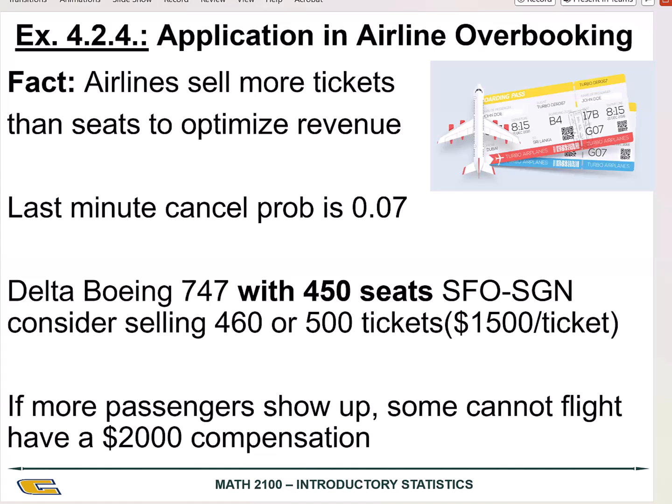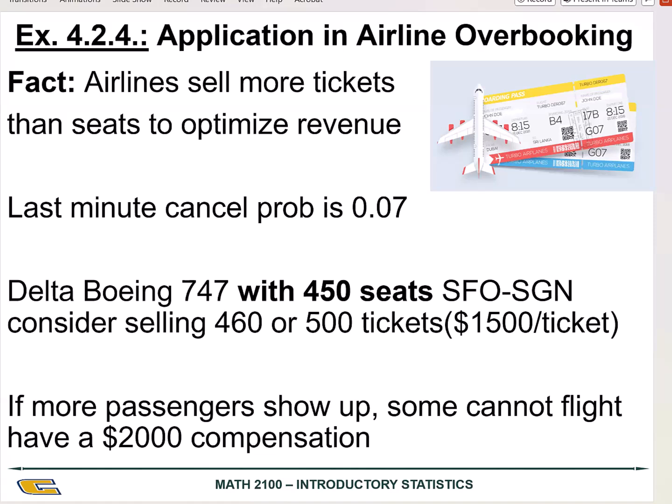And if they don't give a refund, the airline basically wastes the seat, and they cannot optimize their revenue. So this is why they think about how to fill up as many seats as they can, and also avoid the problem where two people show up and one of them cannot fly, right?